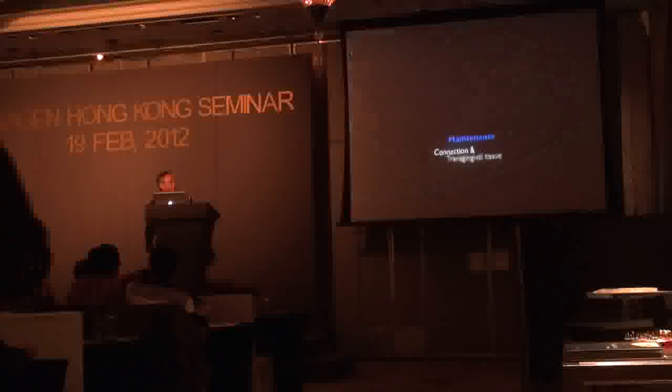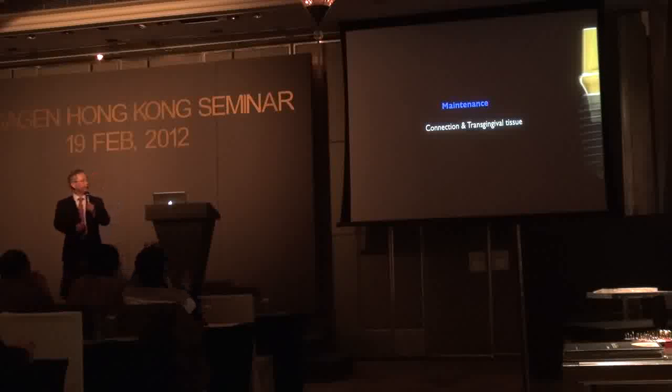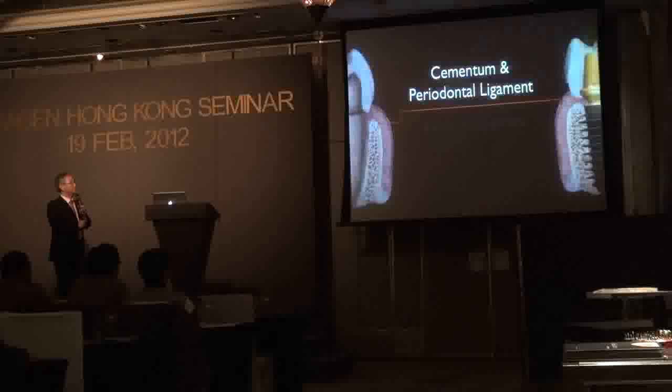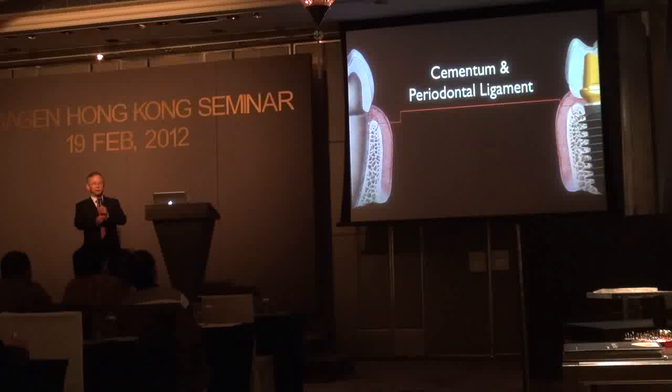So, let's go to the maintenance page. As I told you, for maintenance, the implant connection and transgingival tissue are very important. So this area is very, very important for the maintenance after finishing the final restoration.